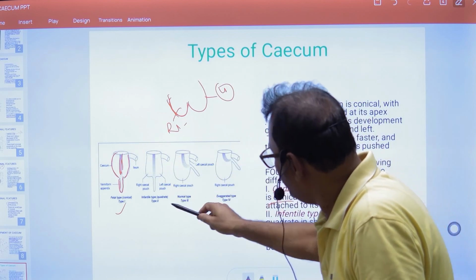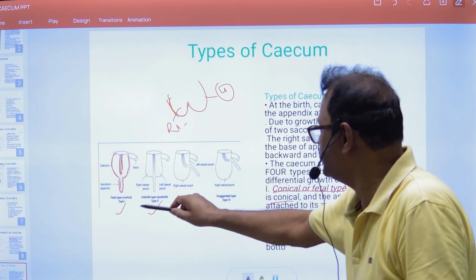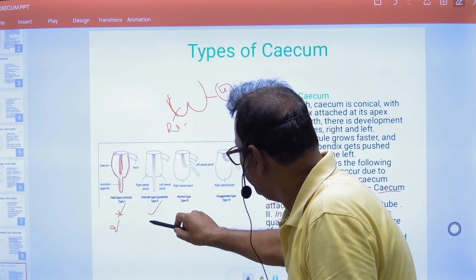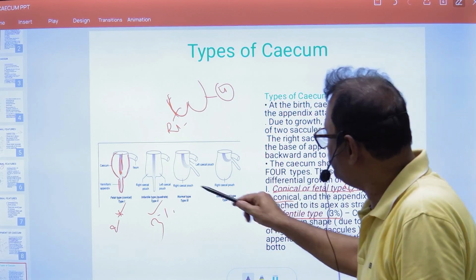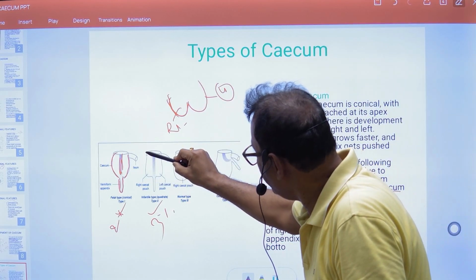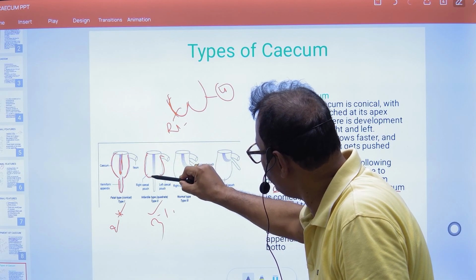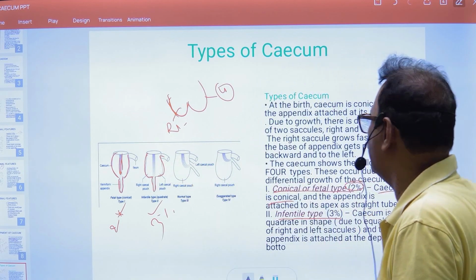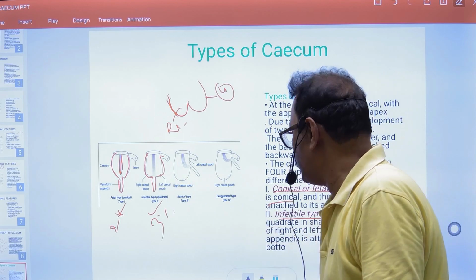In the infantile or quadrate type, which is 3%, the right and left saccules have the same dimension, and we have the appendix at the bottom.